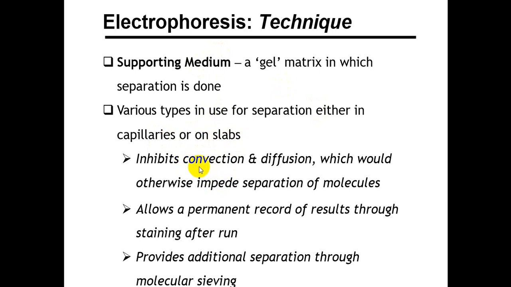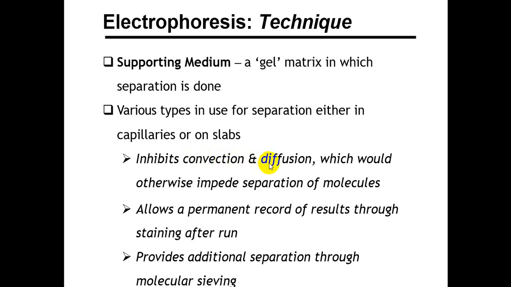The gel matrix should be able to inhibit convection, and convection is defined as overheating due to remaining in the gel for a long time. So we say that the gel should be able to prevent overheating of the particles due to the particles staying in the gel for a long time.